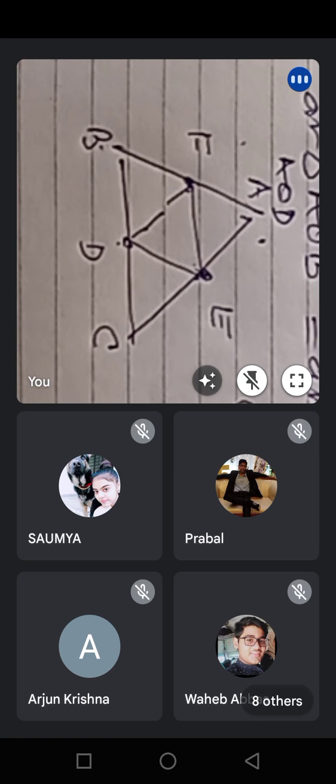BDF and DEF, these two triangles, their area is equal to 1/4 plus 1/4, because you have proved that each is equal to 1/4 the area of triangle ABC. So that is equal to 2/4 area ABC, that is equal to 1/2 area ABC. Okay.